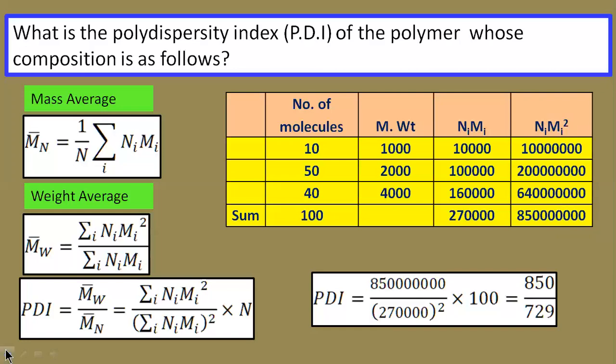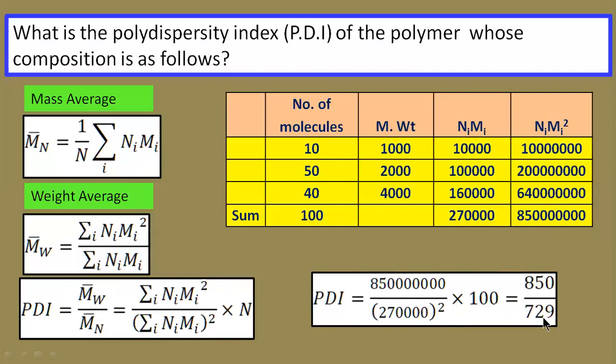Okay. Now the PDI formula is like this. So I know this value, I have to square this value. Then what is the number of molecules? The total number of molecules I have is 100. So now just do the cancellation.